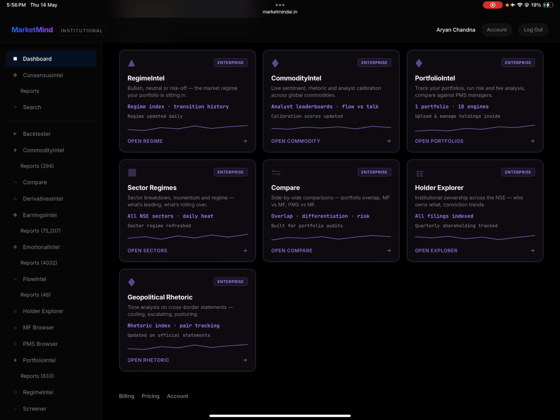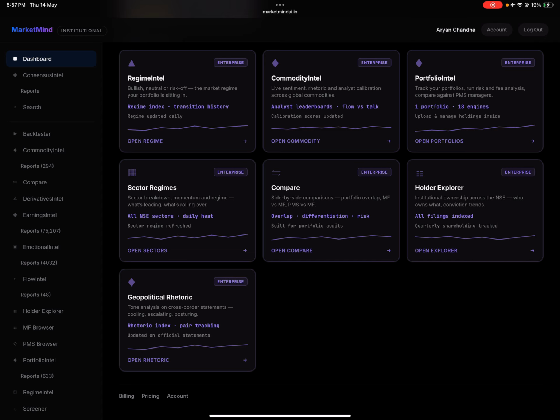Some of the really interesting stuff in here: regime intel actually predicted the March crash around 6th of March, and after it we saw something like a 10% correction on the Nifty, much larger on Bank Nifty, I do believe. Commodity intel tells you live trades on the basis of geopolitical rhetoric and some ratio analysis and fundamental macro flow analysis around commodities.